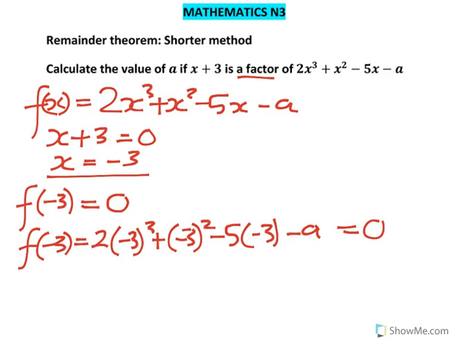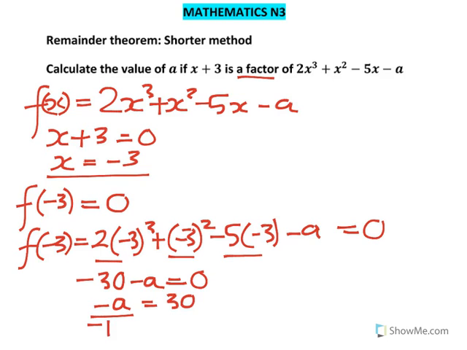If you simplify all the numbers and add with a calculator, I'm not going to go stage by stage, you are going to have minus 30 minus a is equal to 0. Now if you take 30 to the other side, we are going to get minus a is equal to positive 30. You divide both sides by negative 1. Remember, you're solving for a, therefore a is equal to negative 30. That's how you solve that one.